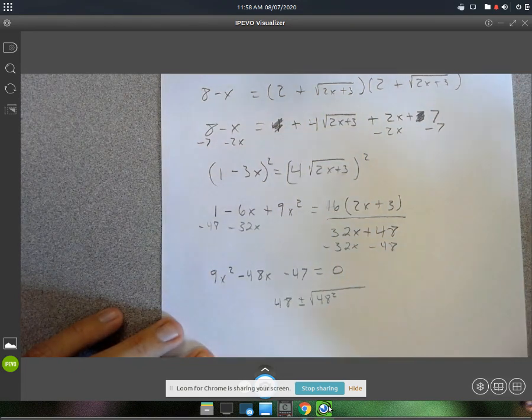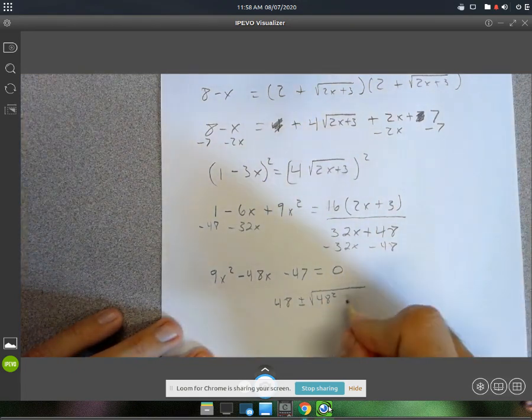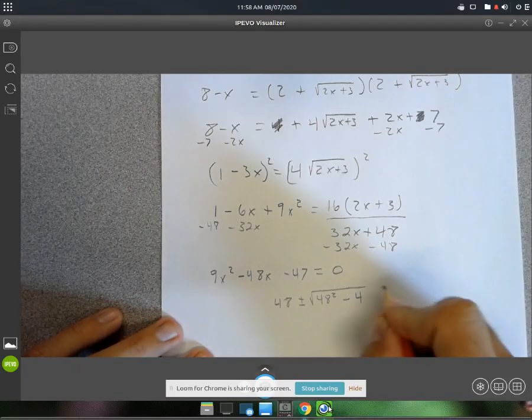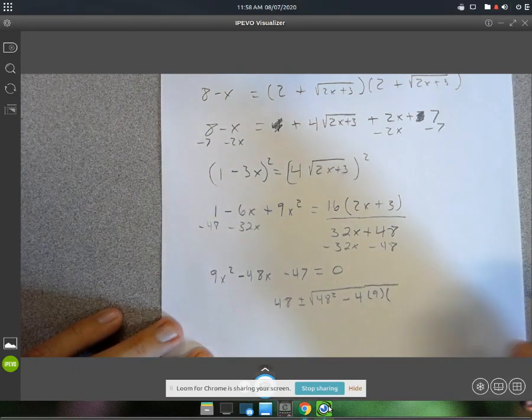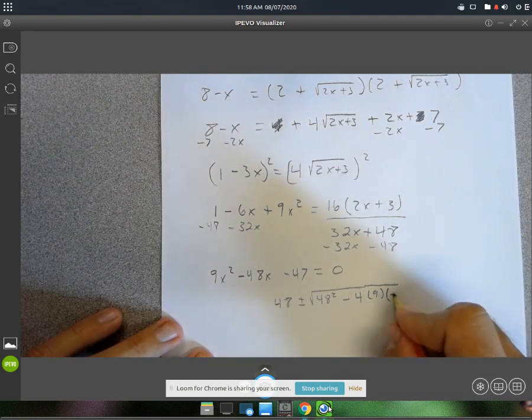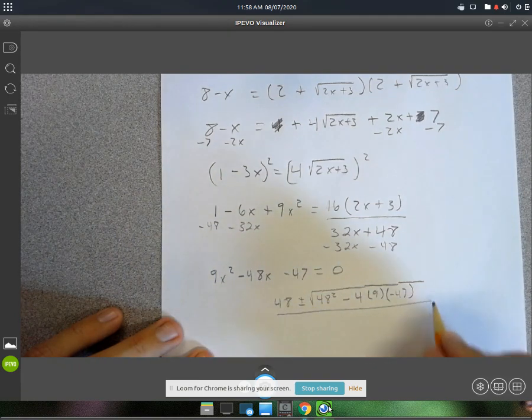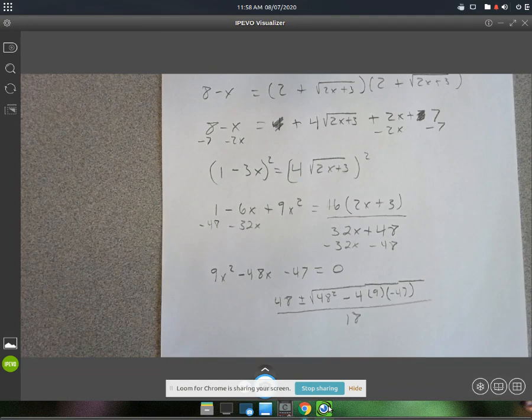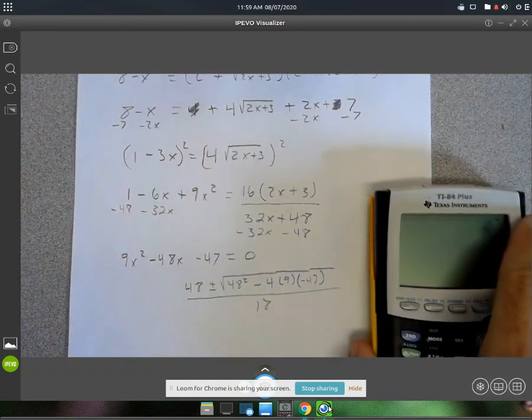It's negative 48 squared, but it turns out positive. Minus 4 times a times c, all over 2 times a, which is 18. Wow, this is going to be large.